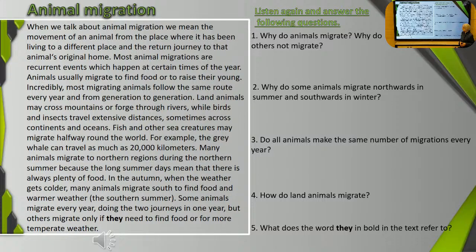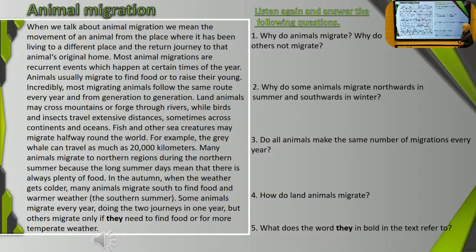Incredibly, most migrating animals follow the same route every year and from generation to generation. Land animals may cross mountains or forge through rivers, while birds and insects travel extensive distances, sometimes across continents and oceans. Fish and other sea creatures may migrate halfway around the world.